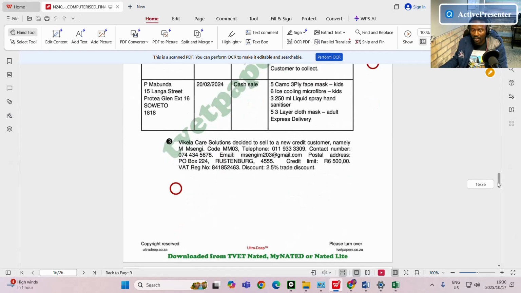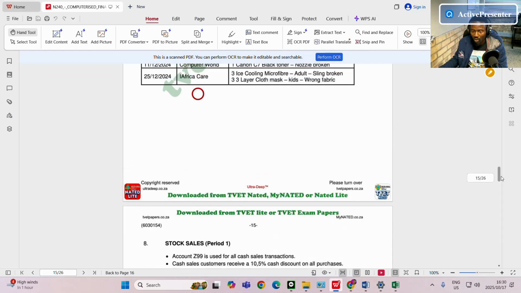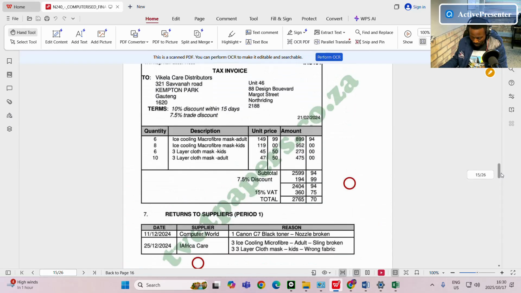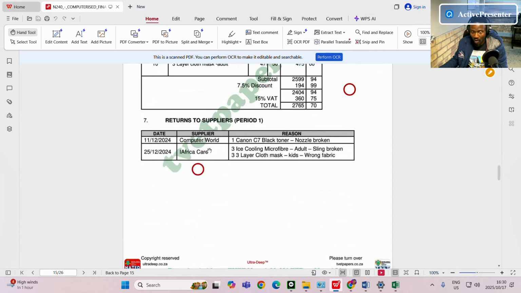Now I need to less the returns. So do I have any returns to this Face to Face Meat Distributors? Let me check. Okay, nope. There are no returns. It's only to Computer World and iAfrica. Right.